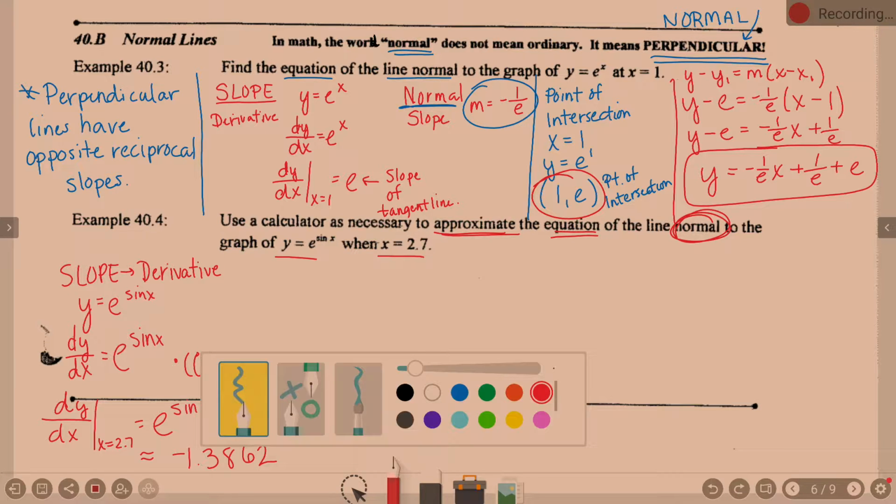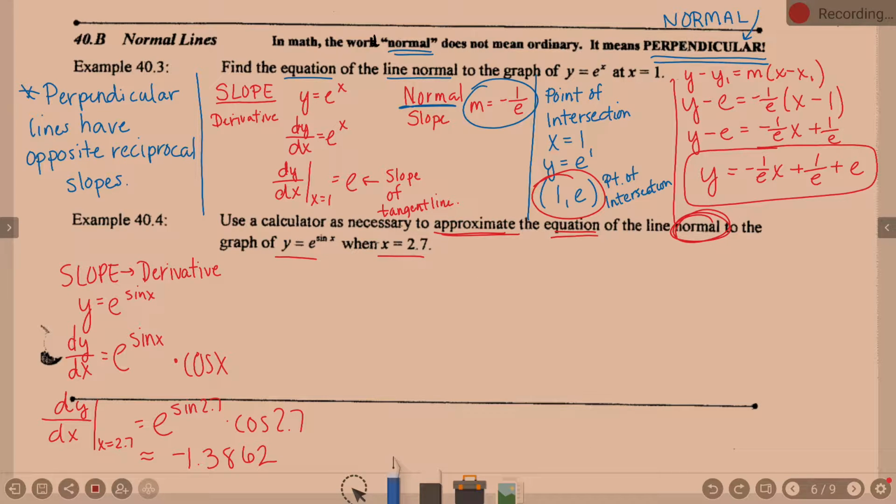What is that right there? Okay, so this is the slope of the tangent line. What do we need? We need the normal slope. What are your thoughts about this normal slope? 1 over that.